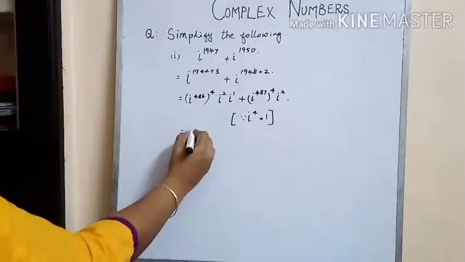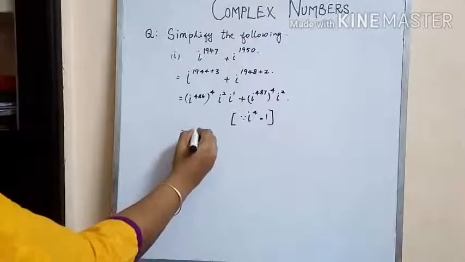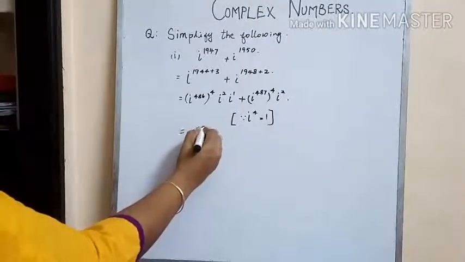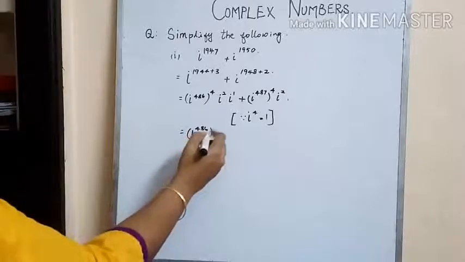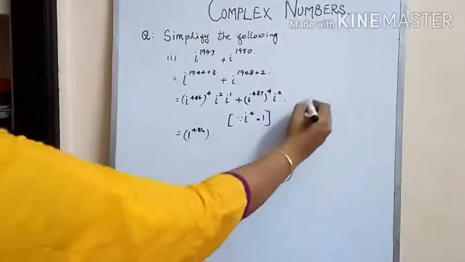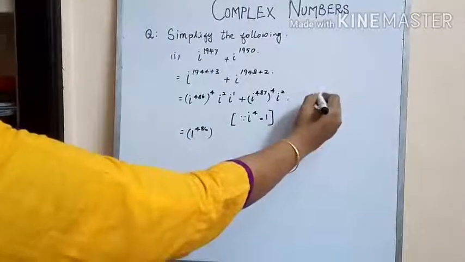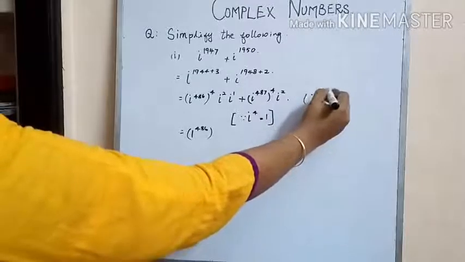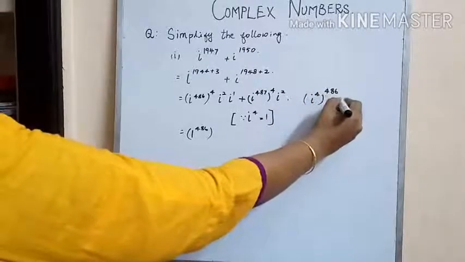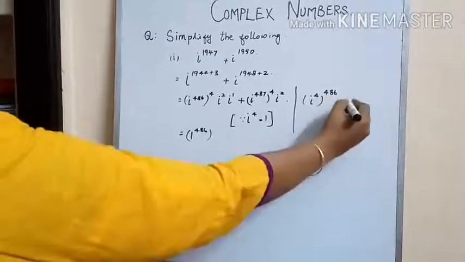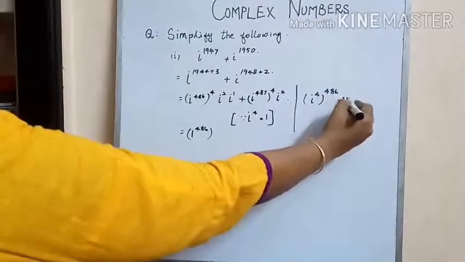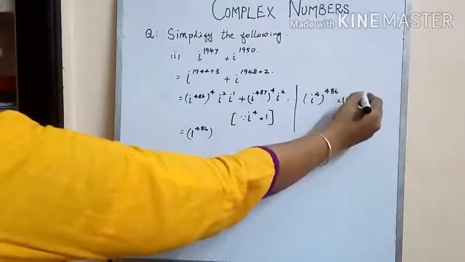The next step reduces to 1 to the power of 486. Here the powers can be interchanged, that is, i to the power of 4 whole to the power of 486, which is 1 to the power of 486.